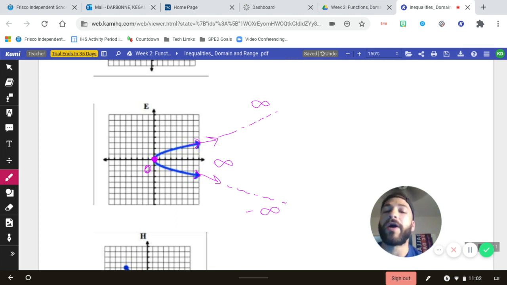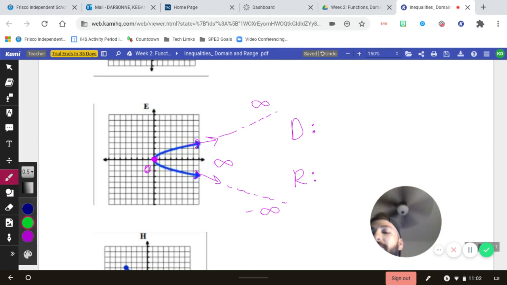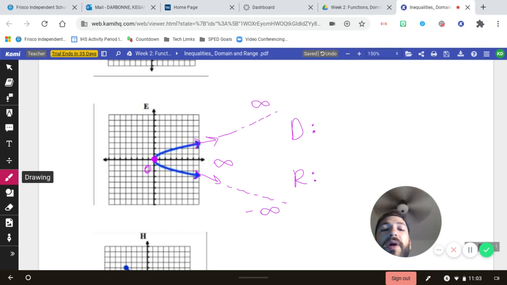So now let's talk about how to write this in our interval notation. So once again, D for domain, R for range. For our domain, our smallest value is 0, so we're going to put 0 on the left. Our largest value is infinity, so we're going to put infinity on the right.